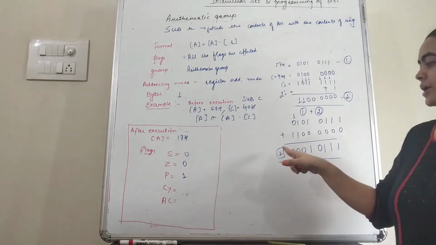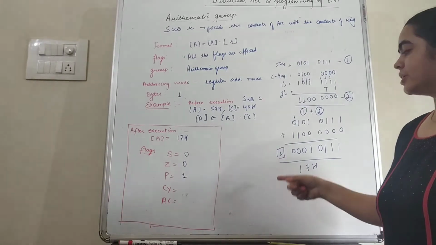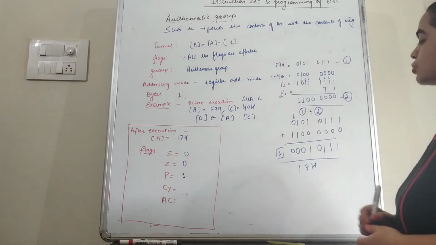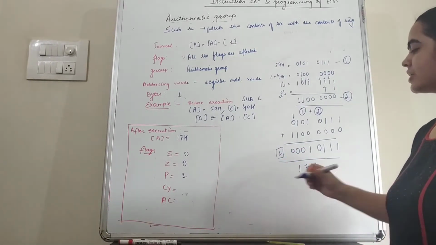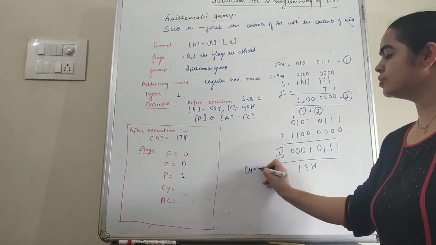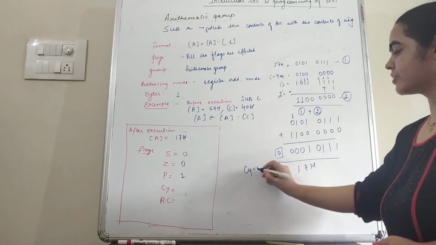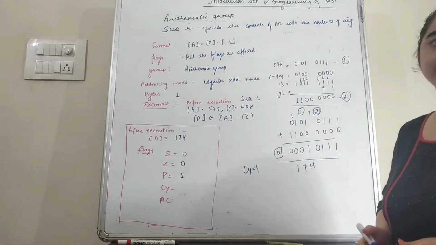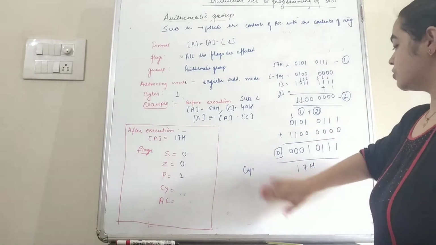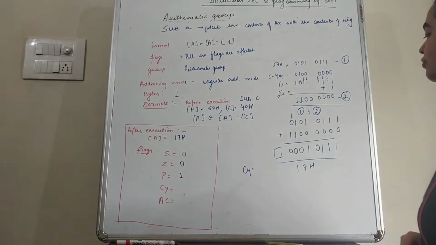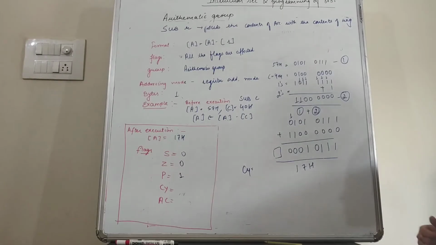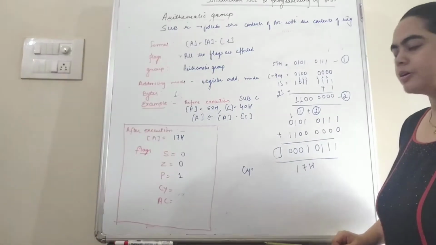Carry. Here carry is generated, but after the execution, if the carry is generated, then we can set the carry to 0. And if there is no carry, then in the flag register we can set carry to 1. So whatever will be the value of carry after the addition, that we can complement in the flag register.